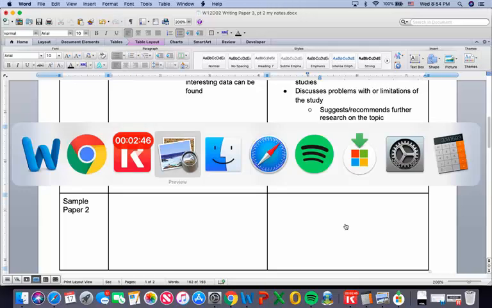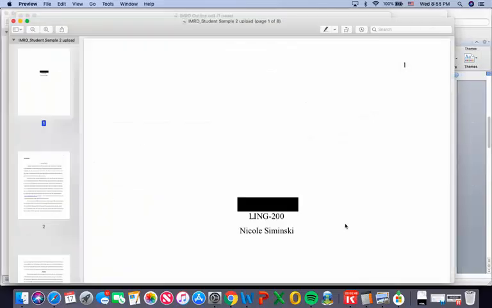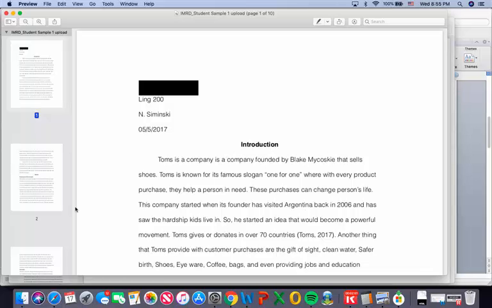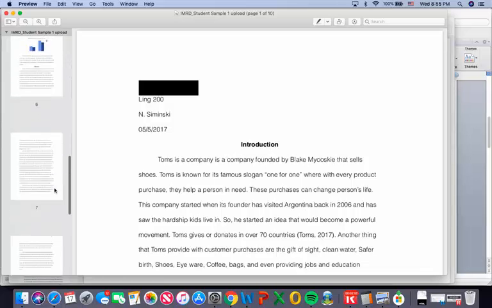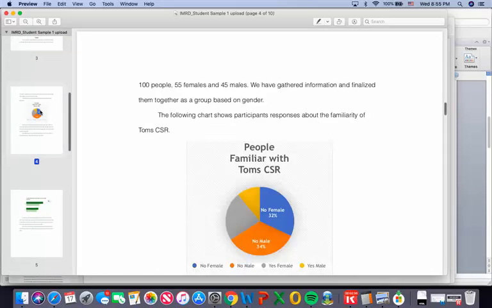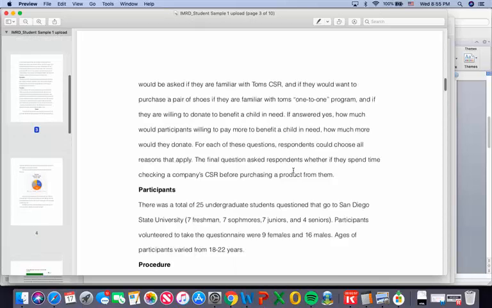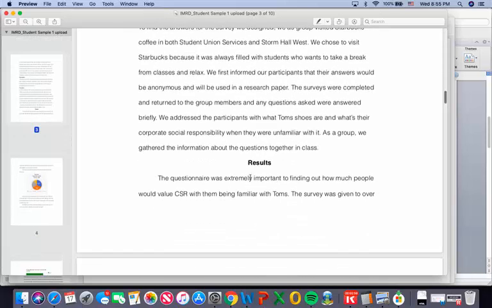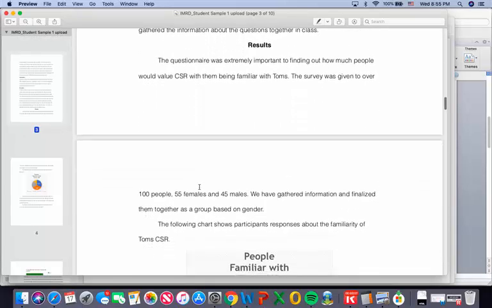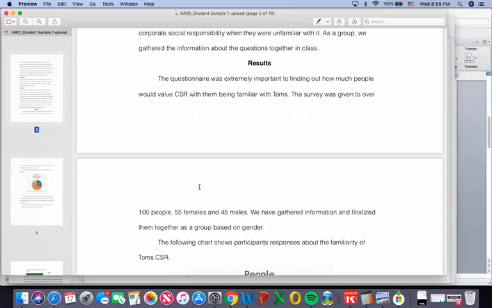So I'm going to pull up sample paper 1 right here, and I'm just going to go on through to the results section. The results section starts right here. I recommend pulling out your own copy so you can follow along. Go ahead and take a moment and skim through the whole section, see what you notice.